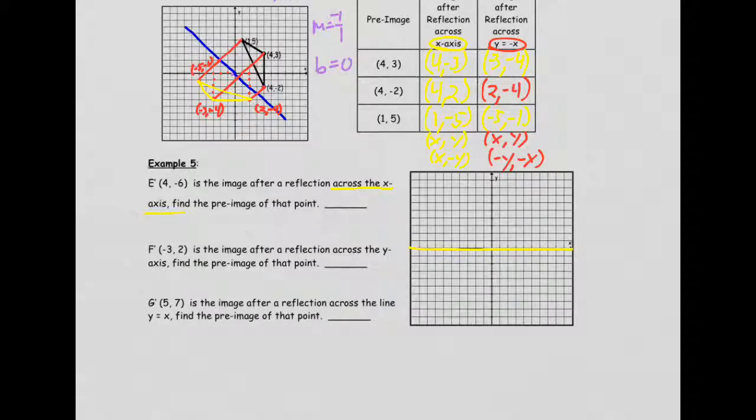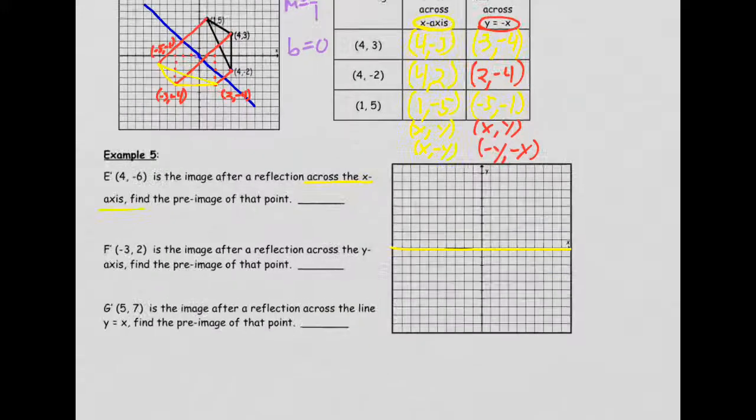And I'm going to find 4, negative 6. 1, 2, 3, 4. 1, 2, 3, 4, 5, 6. That's E prime. That's my image. That's my new. I have to find my old.